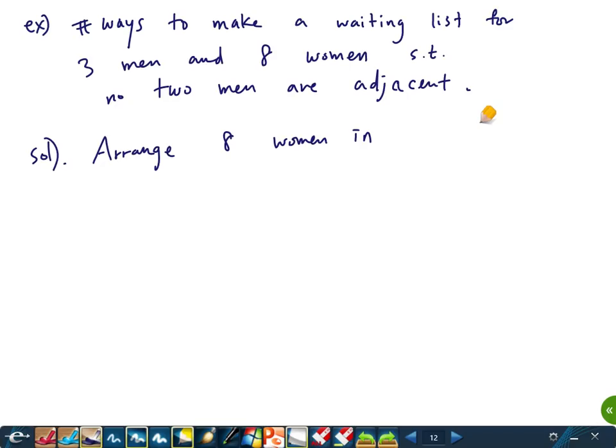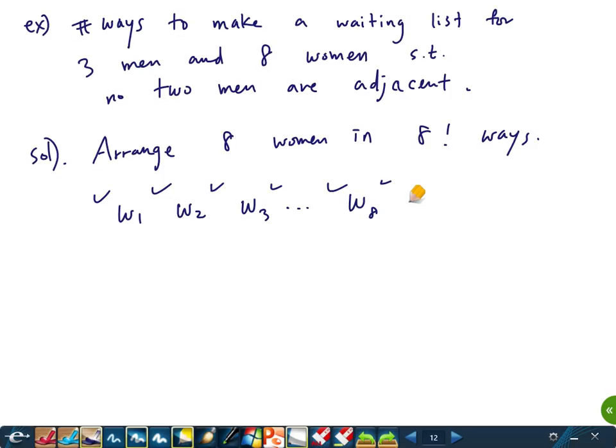Just a permutation of 8, so it's 8 factorial. There are this many ways to arrange the women first. So let's say this is the list of women arranged in a row. Now we can put the 3 men between the women over here.